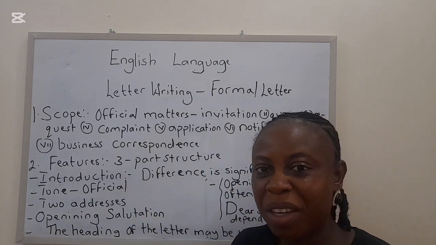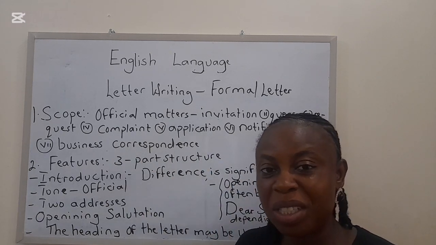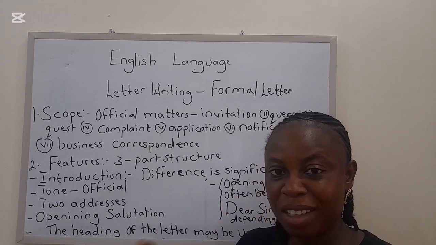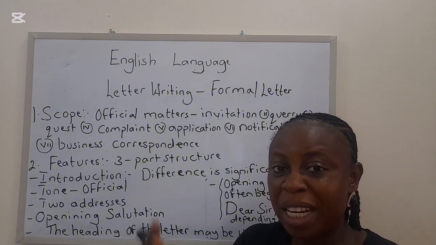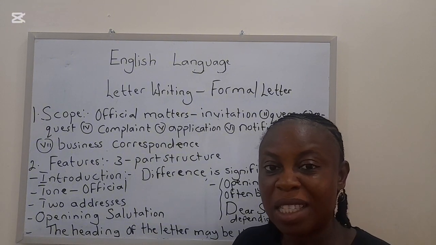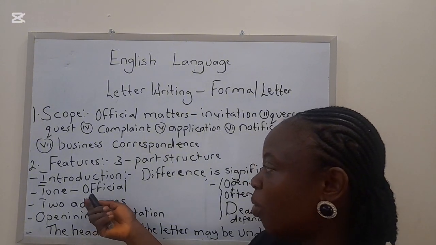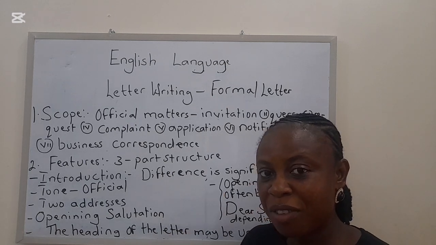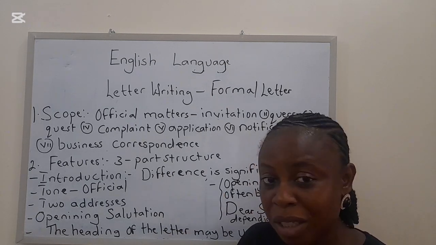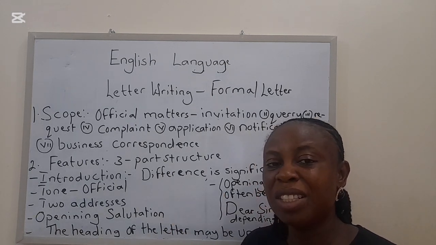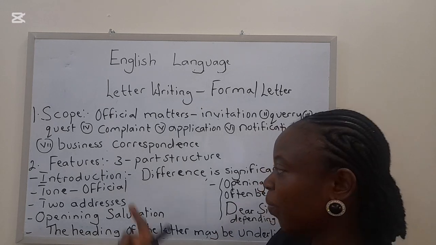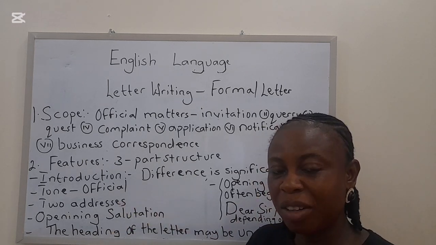All this will be modeled out when we get to the stage of writing a formal letter or showing an excerpt of what a formal letter looks like. Tone under introduction is different, does not show friendship much, does not show cordiality. It is not a chatty type. Two addresses required.